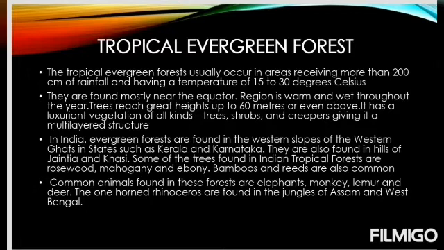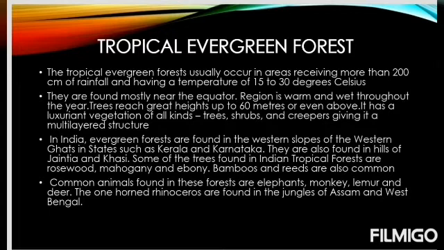In India, evergreen forests are found in the western slopes of the Western Ghats in states such as Kerala and Karnataka. They are also found in the hills of Jaintia and Khasi. Some of the trees found in Indian tropical forests are rosewood, mahogany and ebony.